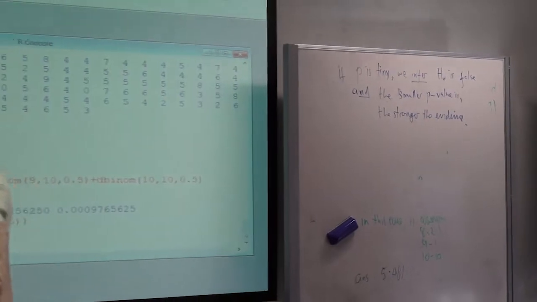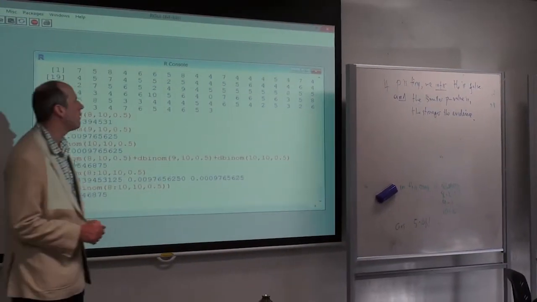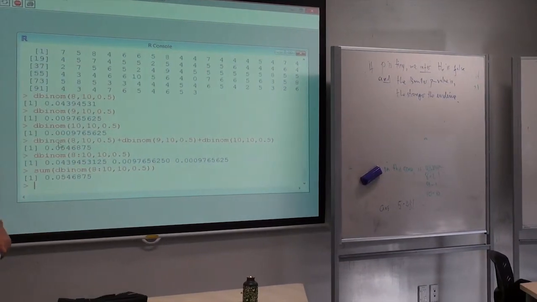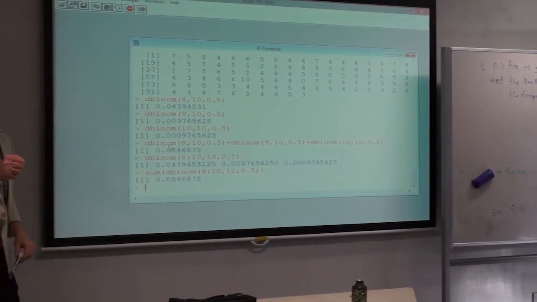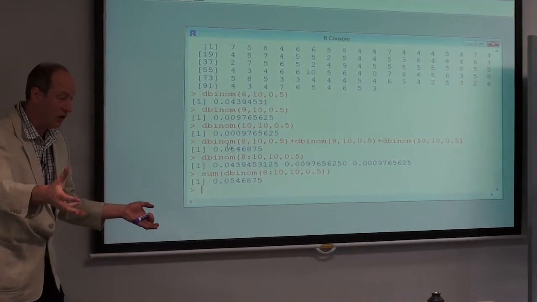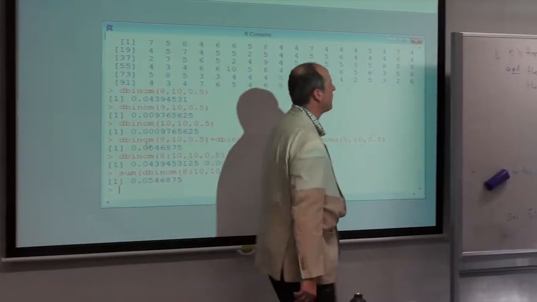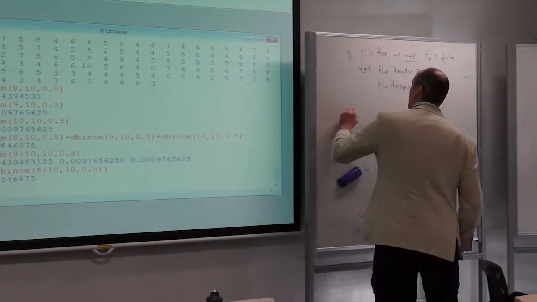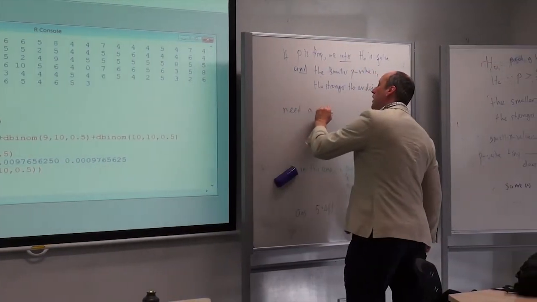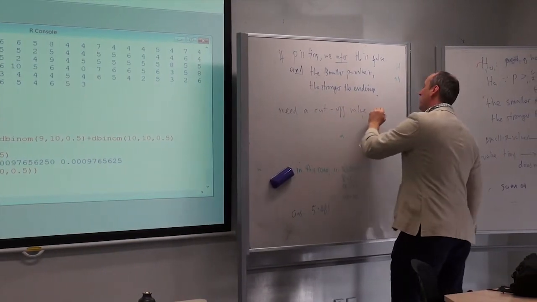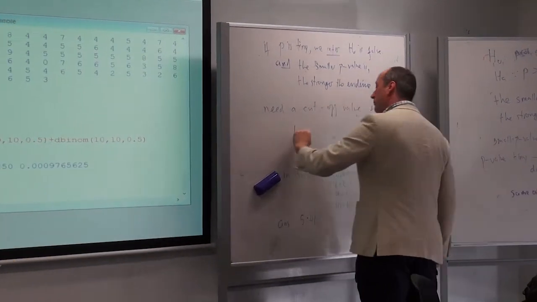Small p-values give strong evidence, and the smaller the p-value, the stronger the evidence, because the less likely it is to get your data in the world in which the null hypothesis is true. And so you say, well, I don't think the null is true because it's predicting that we get this incredibly unlikely result if p is very, very small. So you need a cutoff value for the p-value.